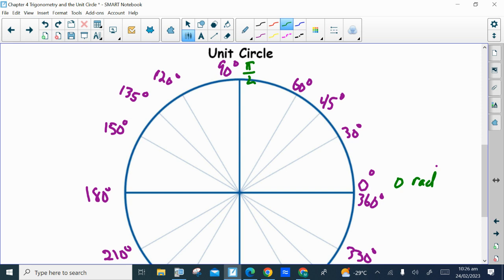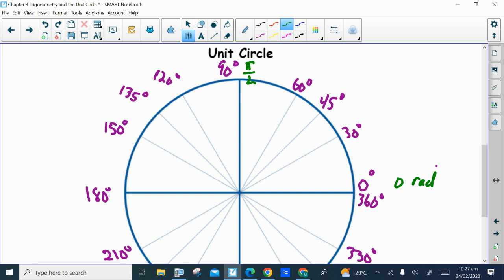And again, when an angle is measured in terms of pi as a multiple of pi, that also tells you that you're dealing with radian measure. If an angle is stated in terms of pi, you don't need any unit to tell you it's radians.